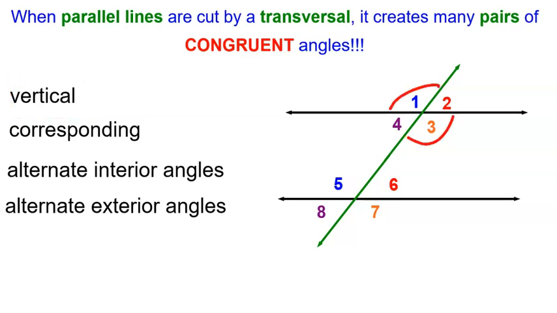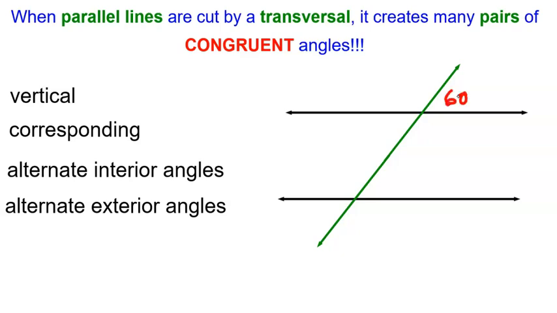So angles 1, 3, 5, and 7 are all congruent or equal. So if I told you angle 1 is 150, then angle 3 is 150, and angle 5 is 150, and angle 7 is 150.